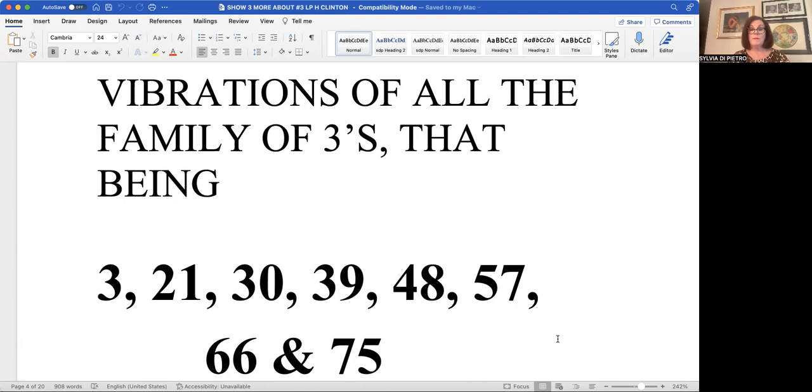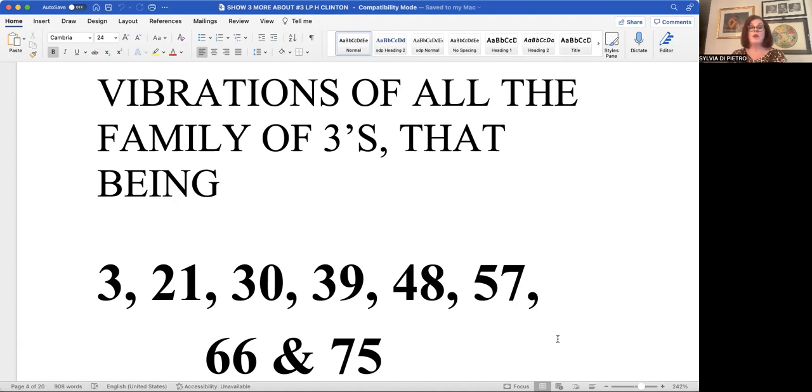The 20, the 0 in the 20, is a higher vibration of the number 2. 30 is a higher vibration of the number 3. And since we're talking about number 3s, anybody that has a 30 birthday loves to talk, and loves to travel.